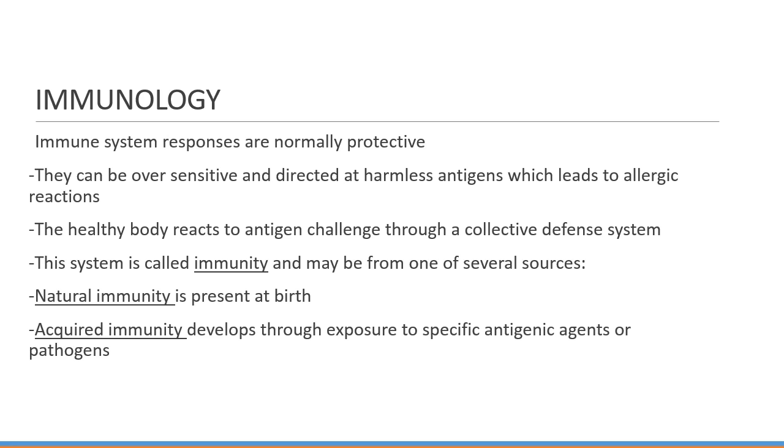Now, if organisms penetrate the body's external defense system and are able to get into the body, the internal defenses act to try and slow down or kill that particular pathogen. Those defenses are categorized as natural immunity or acquired immunity. And the efforts of both types of immunity are regulated by protein hormones.